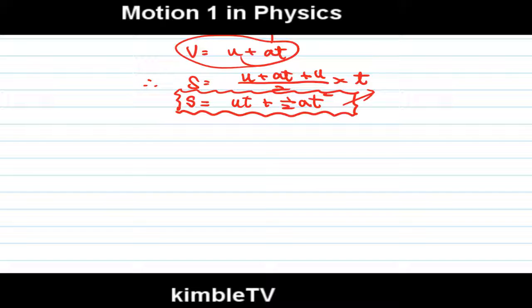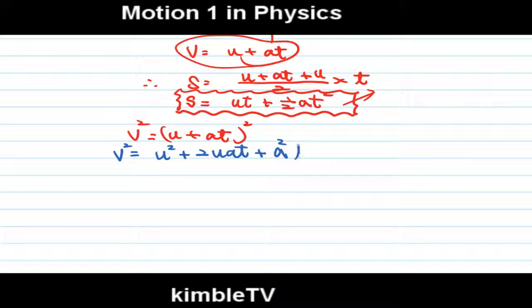Square both sides of v equals u plus at. Therefore, v squared equals u squared plus 2uat plus a squared t squared.